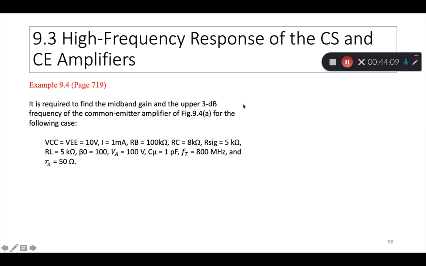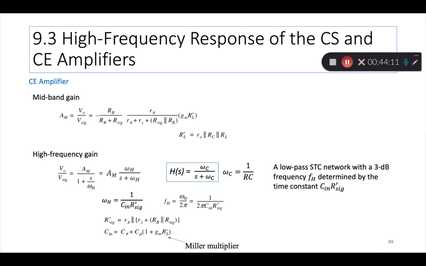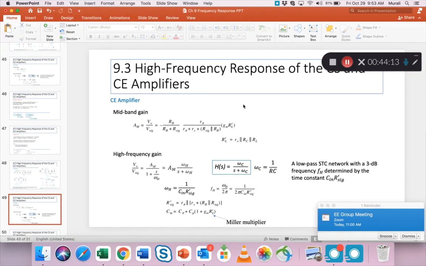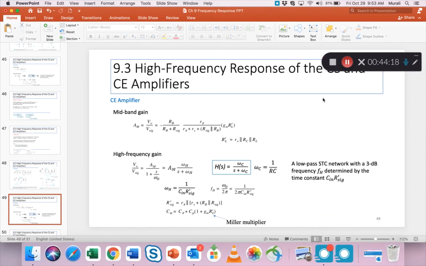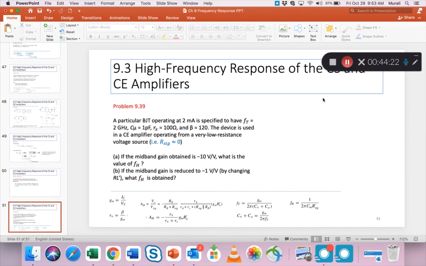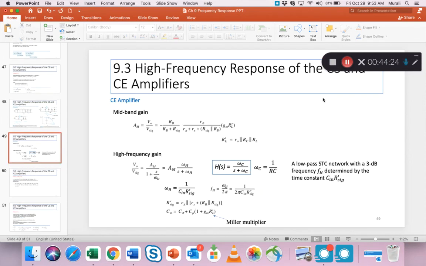So these formulas help us solve problems related to the BJT amplifier. Okay, so I've got a couple of problems. We'll look at them in the next recording. So with that, we conclude a very basic introduction to this chapter, chapter 9, frequency response.